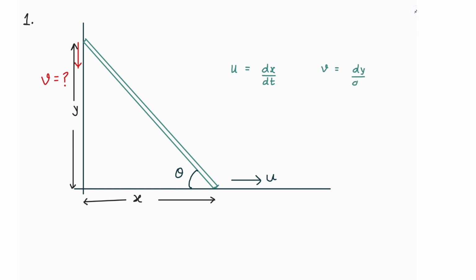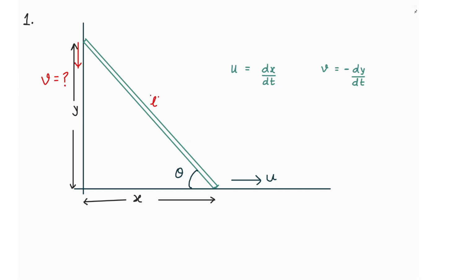Since y is constantly decreasing with time, we write dy by dt as minus v, or minus dy by dt is equal to v. We can write this expression either way. Now the next aspect we need to find out is what connects x and y. So x and y are connected by a parameter which is the length of the rod.